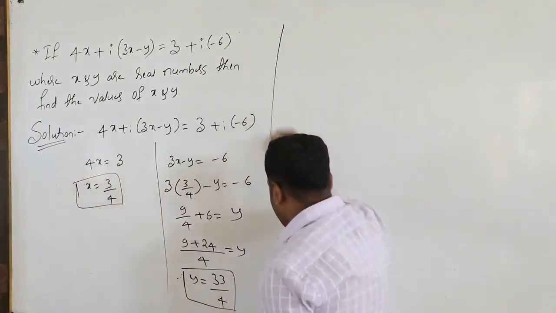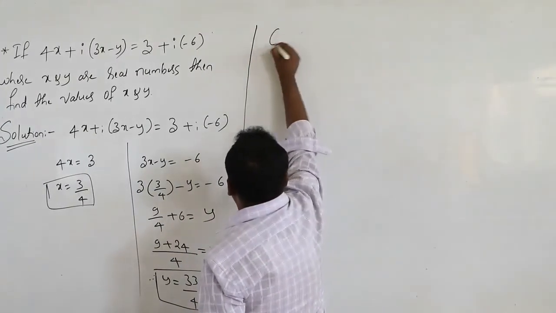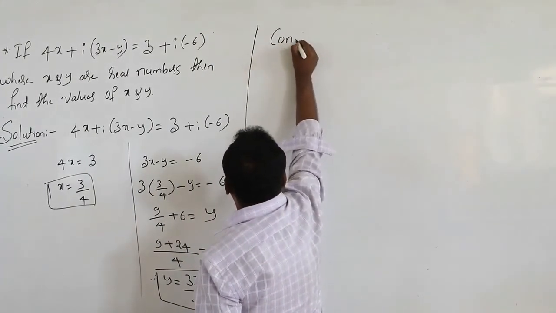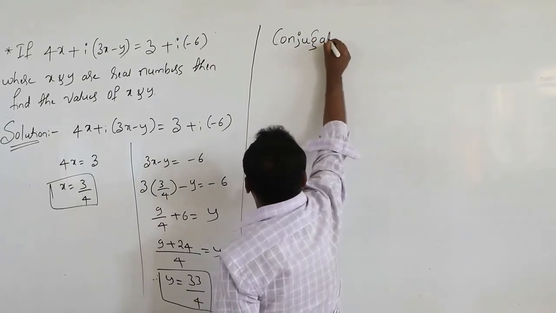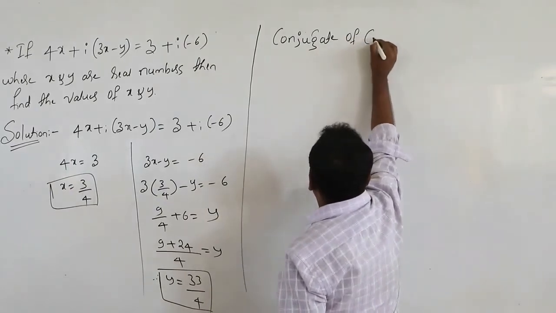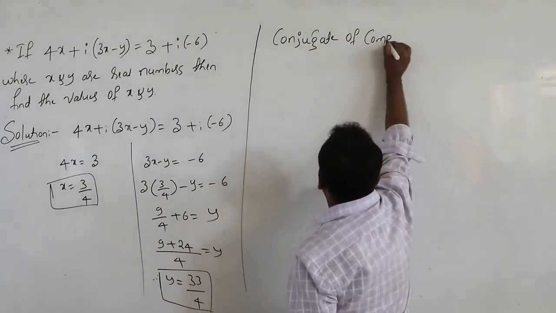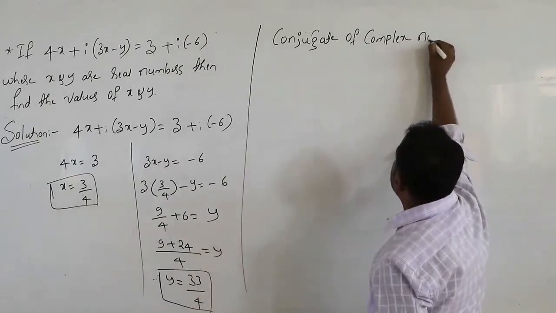So next one is very important. Conjugate of complex number.